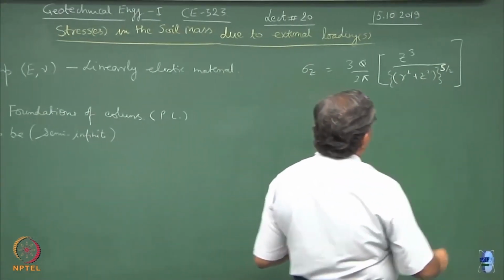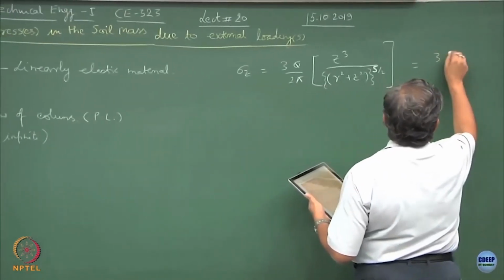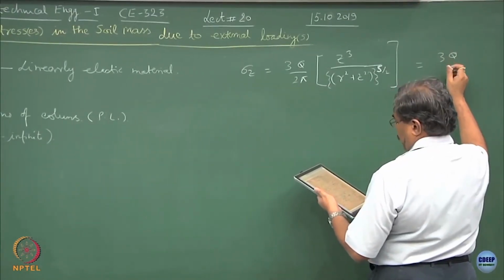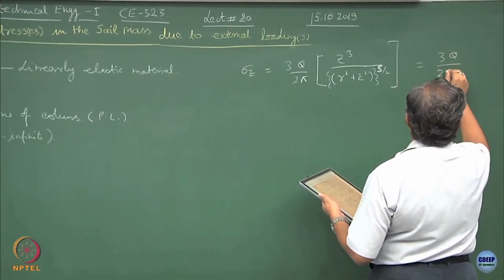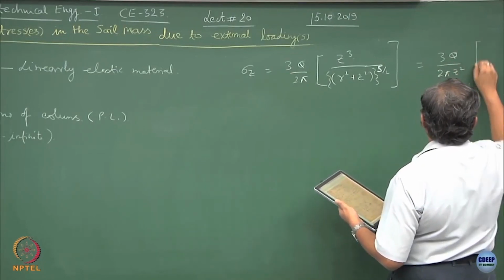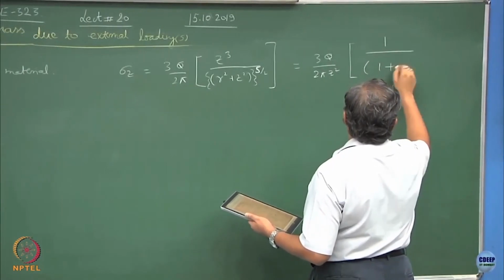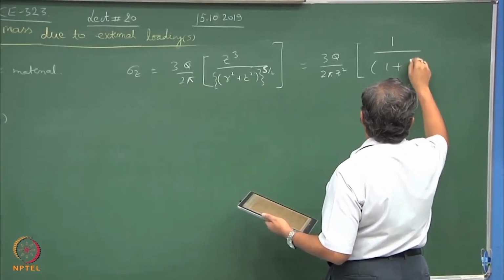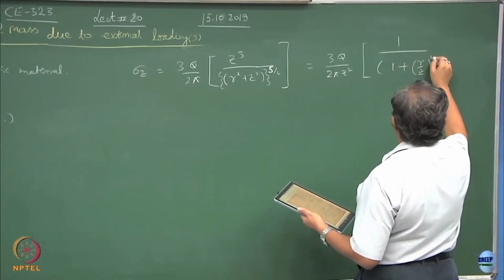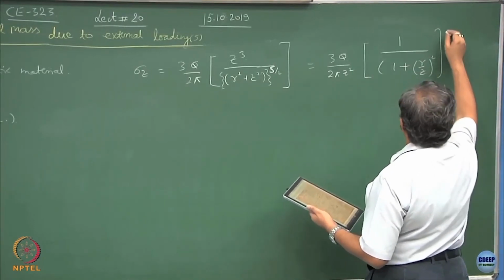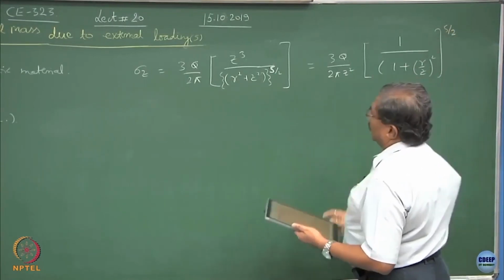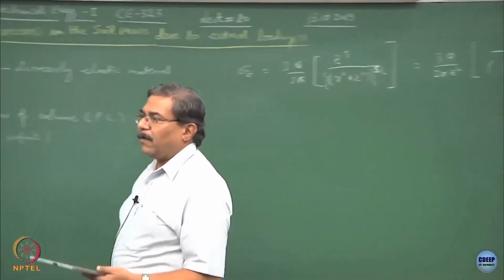This can be simplified to 3Q upon 2 pi z square, and this becomes 1 upon (1 plus (r by z) square) to the power 5 by 2. I think this one is easy to remember, alright.